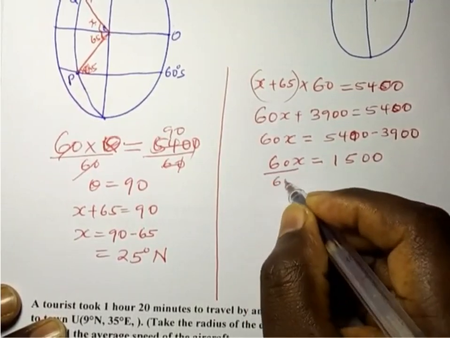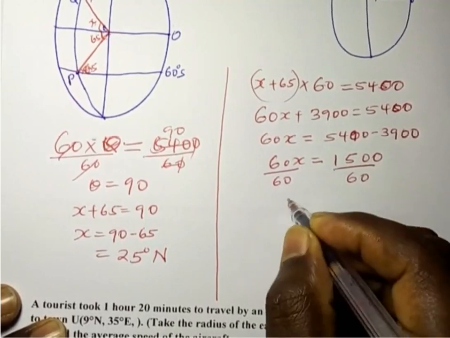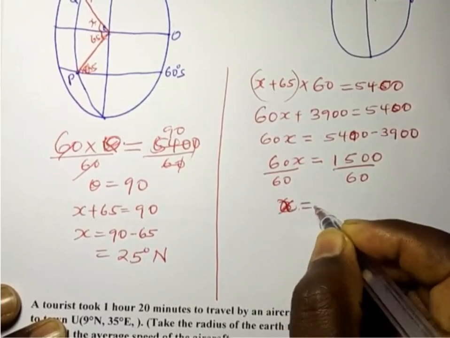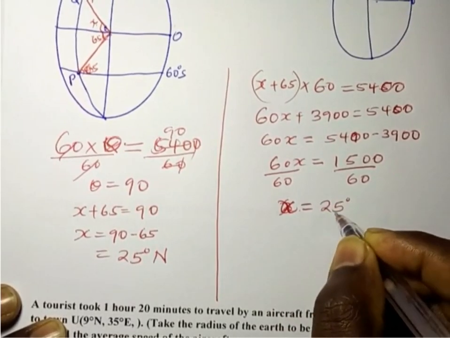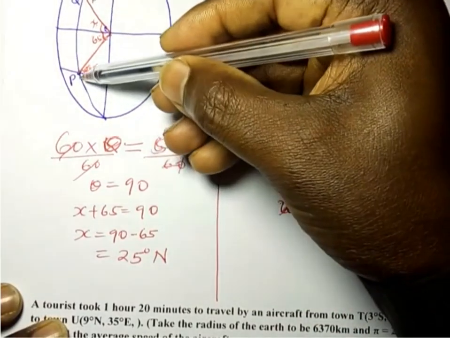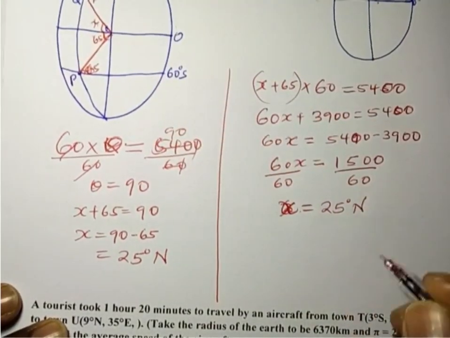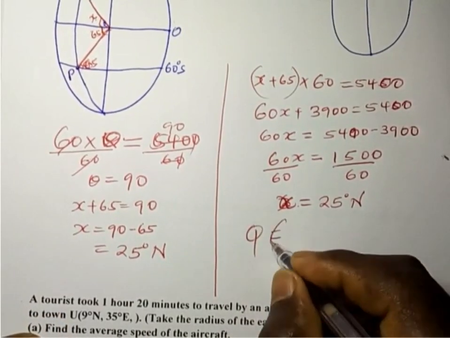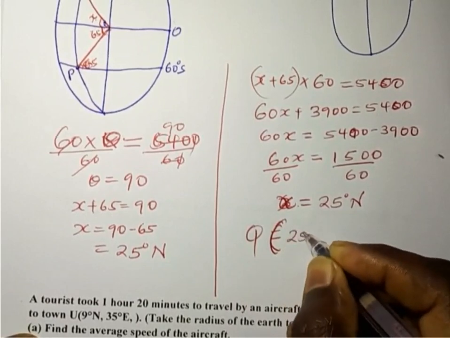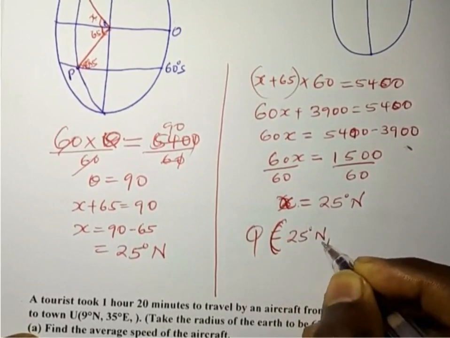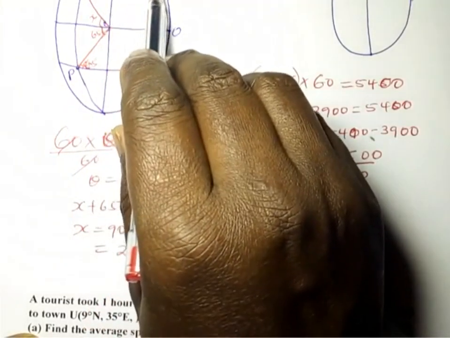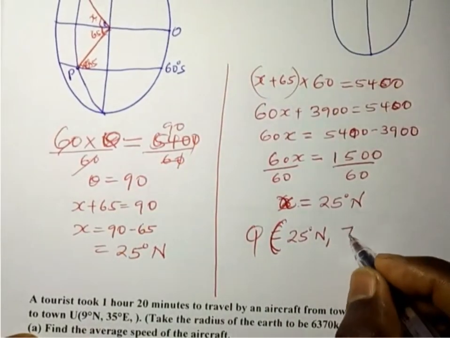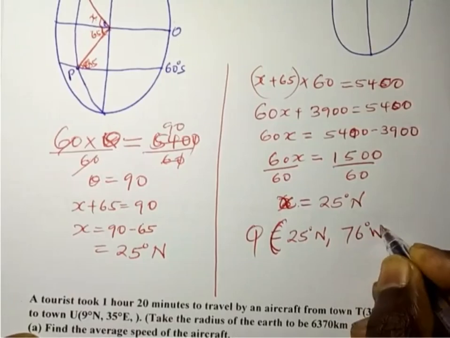Divided by 60, x is equal to 25 degrees. Because it went to the north, it is 25 north. Therefore Q is 25 degrees north, on the same longitude, which is 76 degrees west.